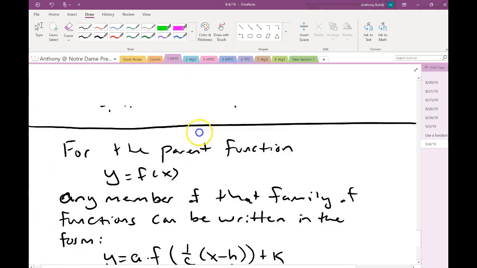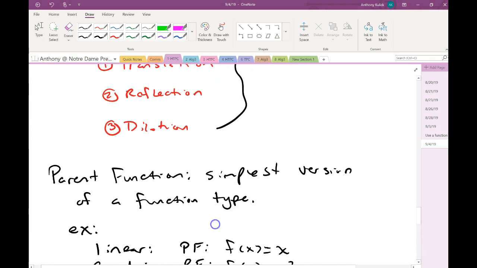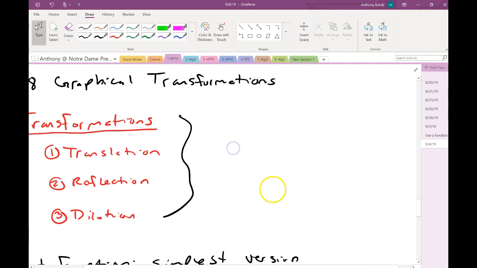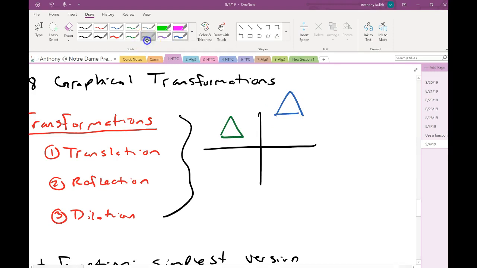When we go back and we think about these guys, if I think about a translation, the xy from this triangle change to the xy in this triangle. I've gone right something and up something, right?